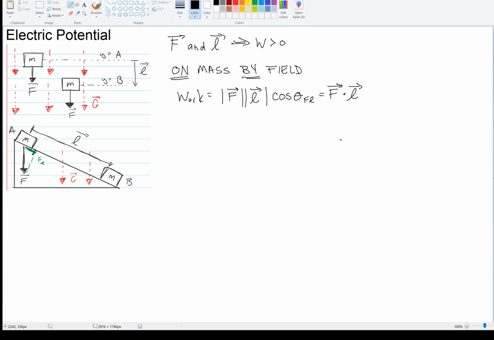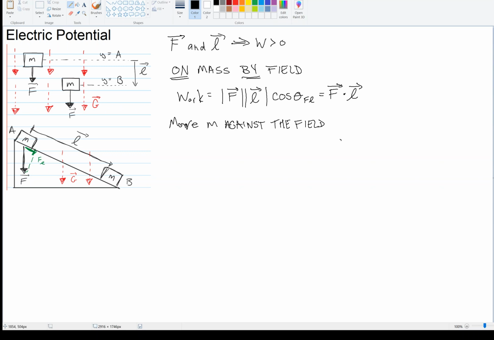Now, if we talked about an external agent, maybe you wanted to lift something up, the work done or the energy required, remember work and energy are related, they're the same, to move m against the field.